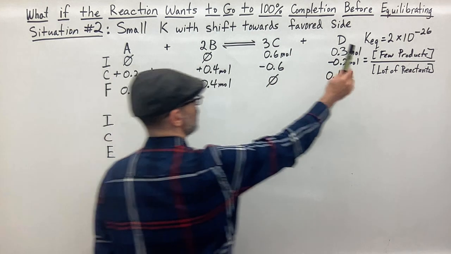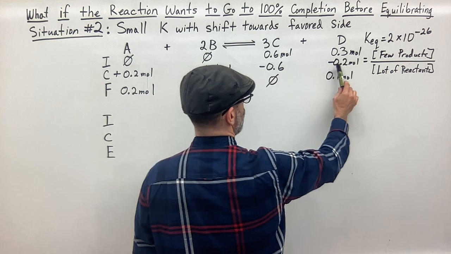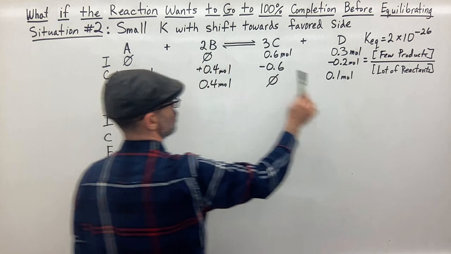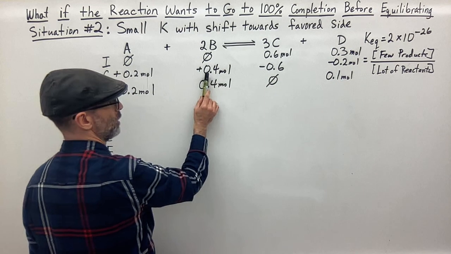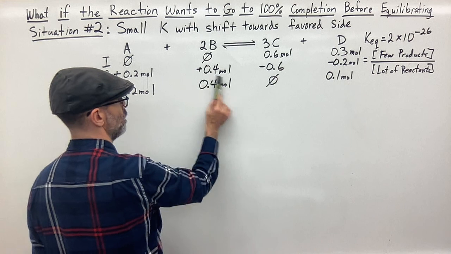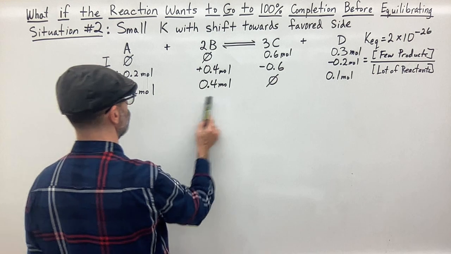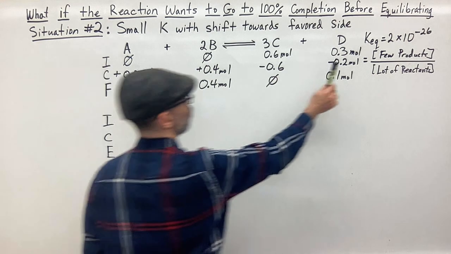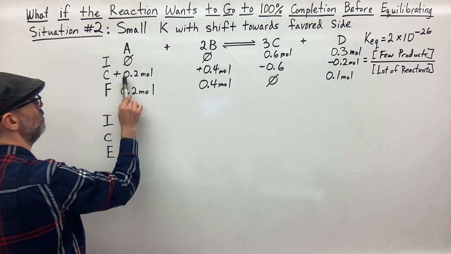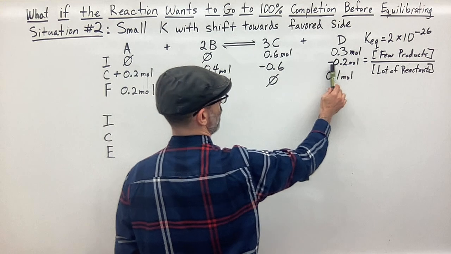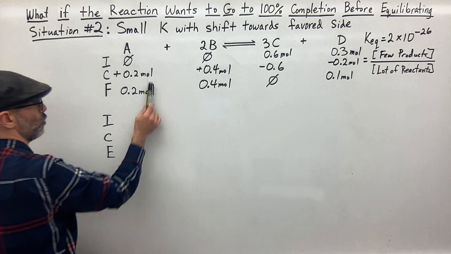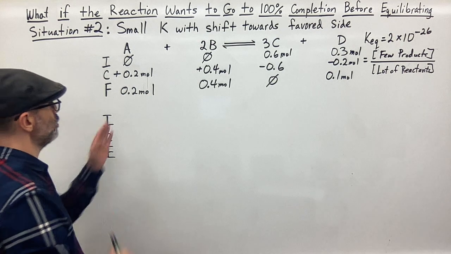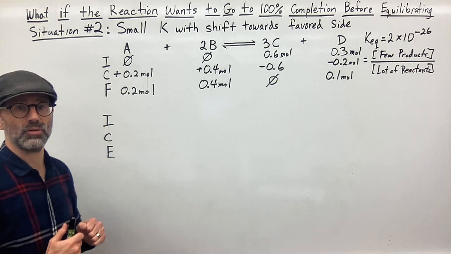And then since this is a 1-to-2 ratio, I'm losing 0.2 moles here, so I'm going to gain double that amount here. So I gain 0.4 here, so I end up with 0.4 moles. And since A and D are 1-to-1, if I lose 0.2 moles here, I'm going to gain 0.2 moles here. Okay, so now I have my mole amounts.